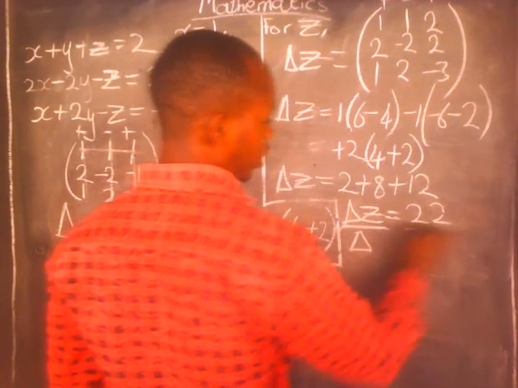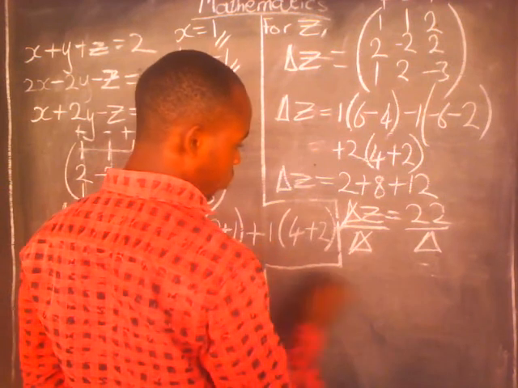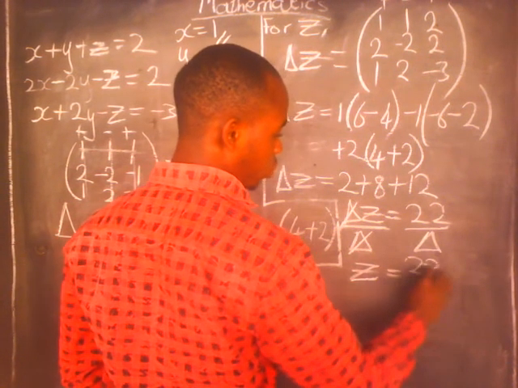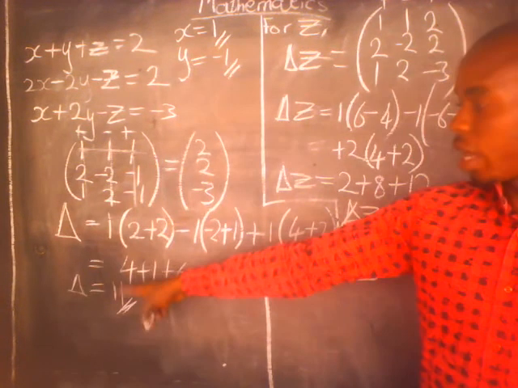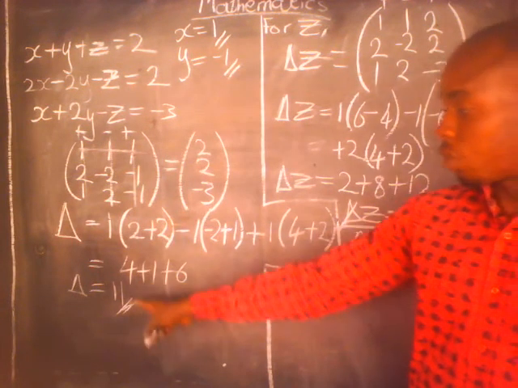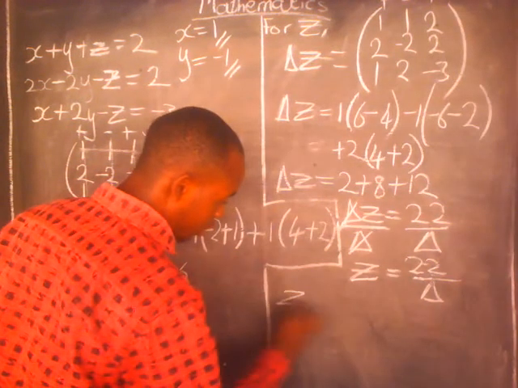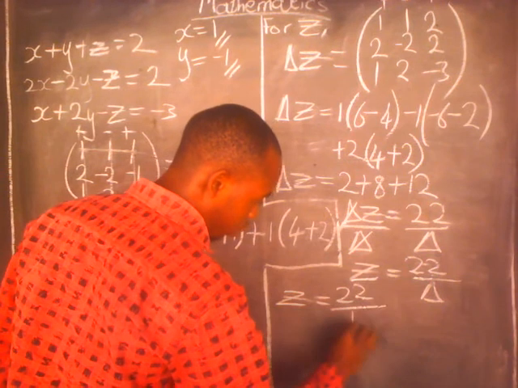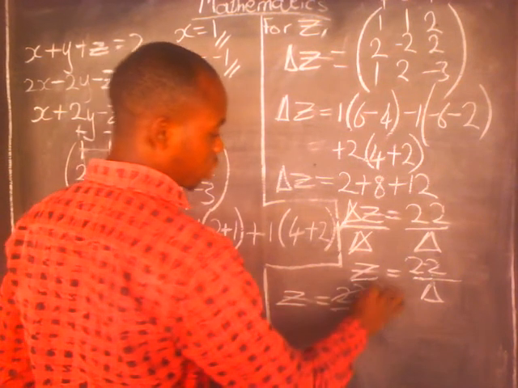So to get the value of z, I'll just divide by the determinant. So my z is equal to 22 over the determinant. And if you look over here, we've calculated that determinant to be 11. So I will now write that z is equal to 22 divided by 11. 11 into this is 2.